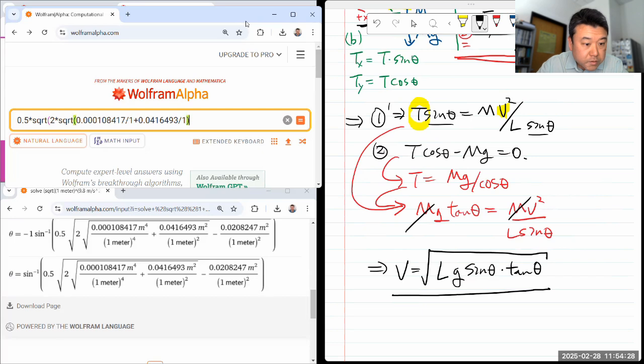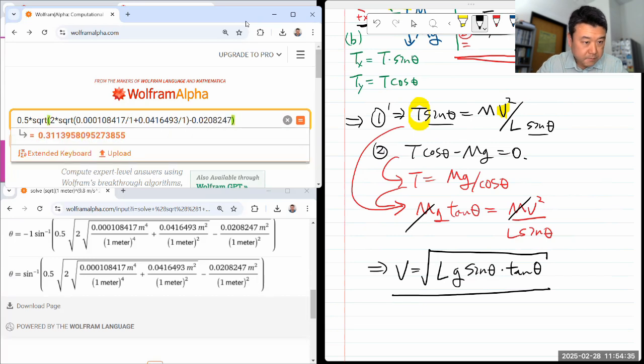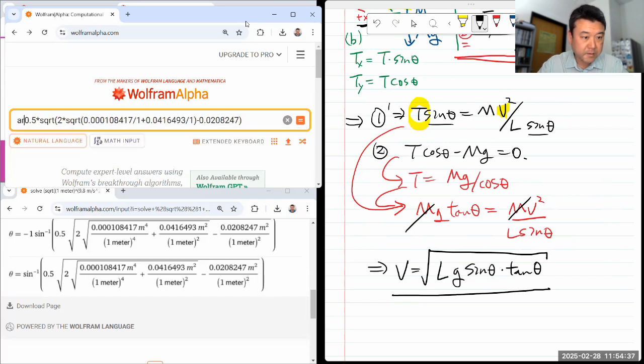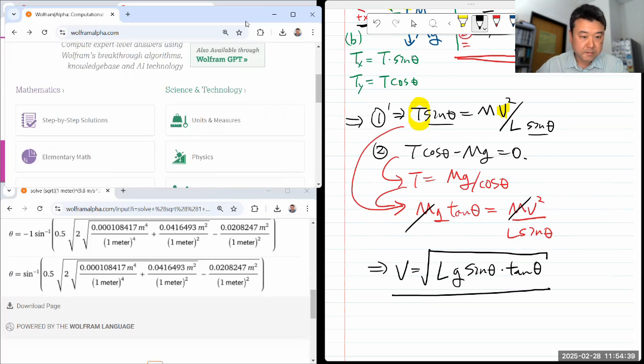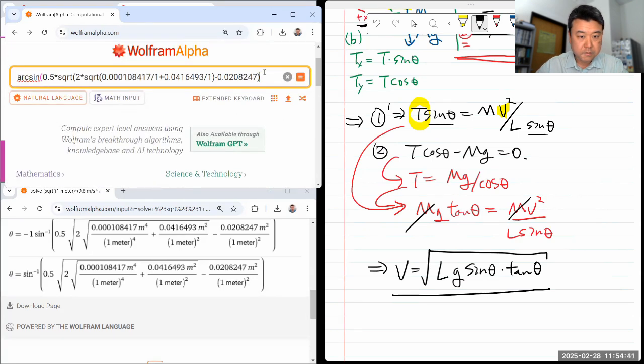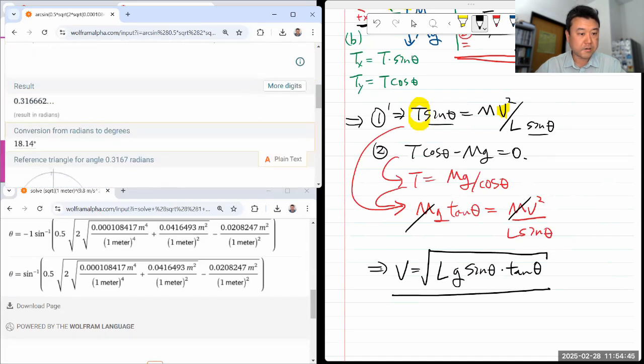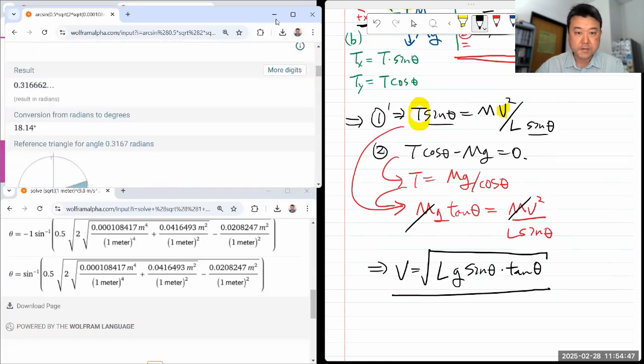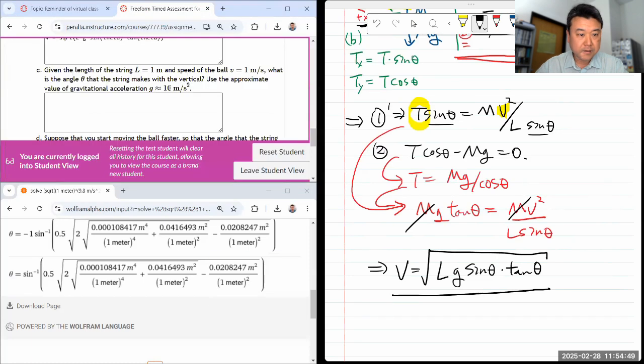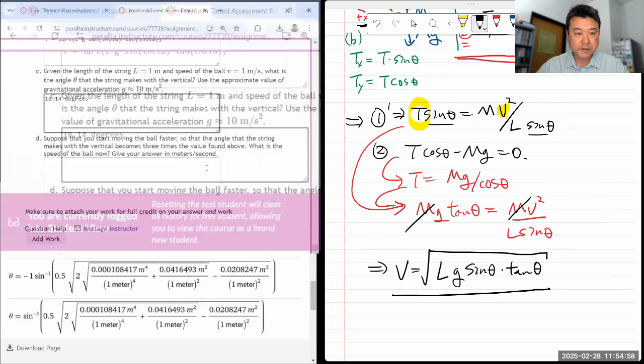Were there two square roots? No, minus 0.0208247. Okay, that's a positive quantity, arc sine. That should give me the answer, 18.14 degrees. Let me put that in. That's going to be 18.14 degrees. And I'll paste in the work later.